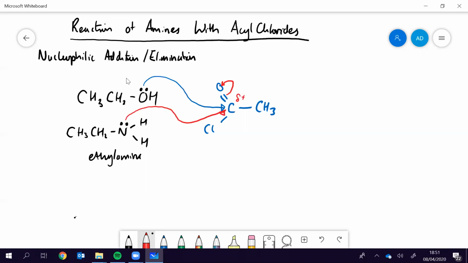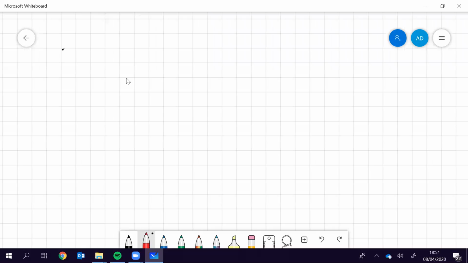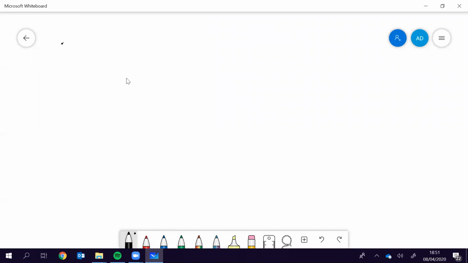Okay, so let's have a look at the mechanism and just draw the whole thing out. You can probably guess what it's going to be already. I'm going to draw my acyl chloride here, and here draw the amine. I'll make it methylamine.